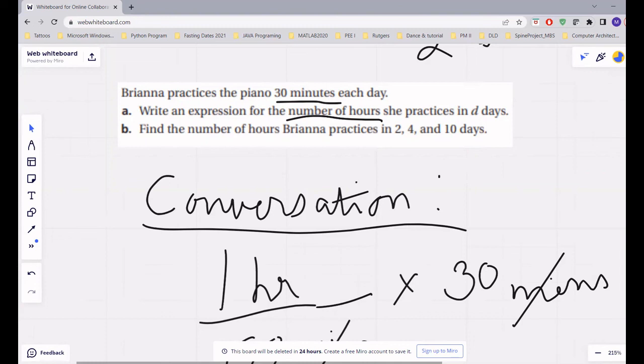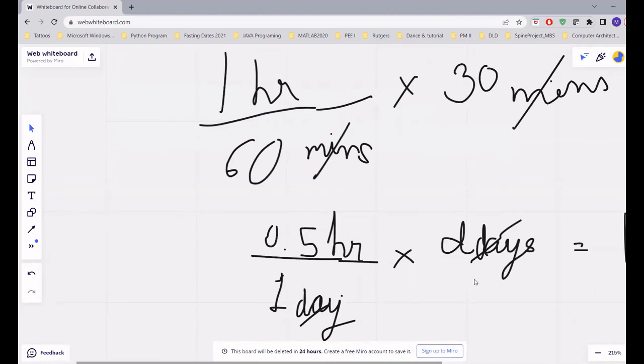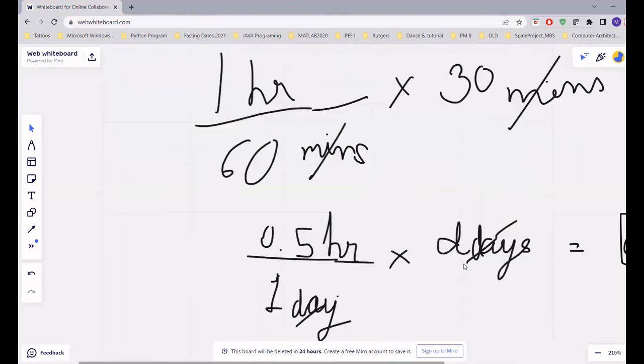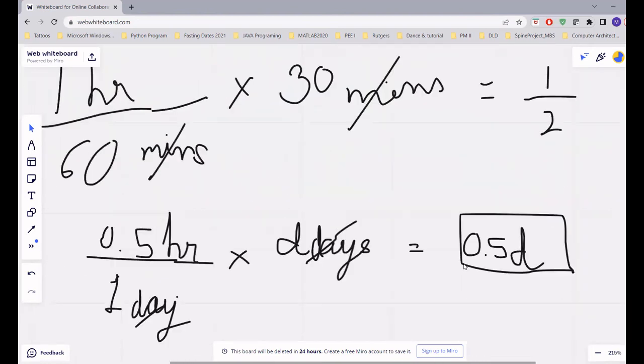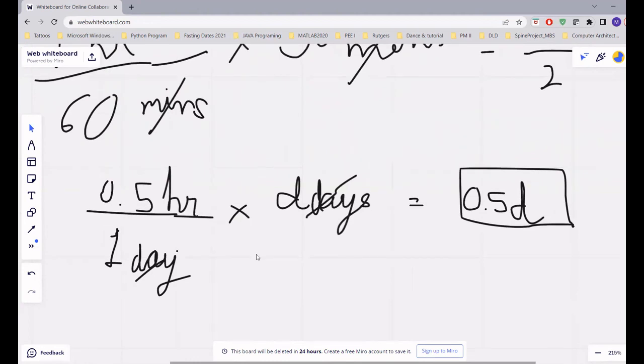So it's 0.5 times D. That is the number of hours she practices in D days. As you can see here, in one day, she practices 0.5 hours.